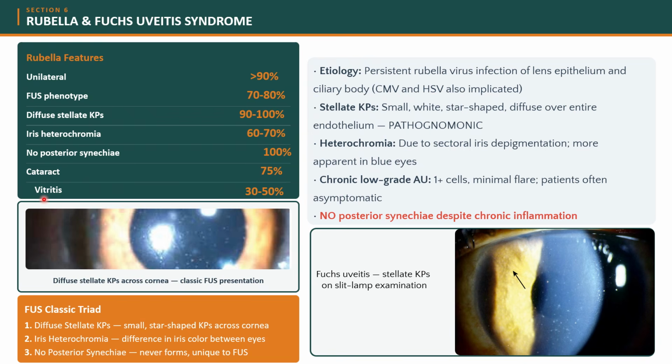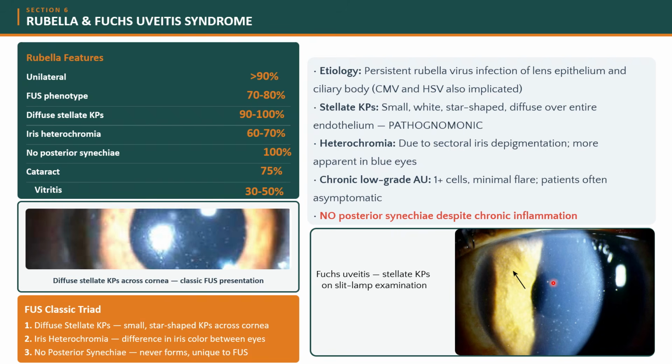So this is part of the phenotype of this inflammation, but it is not an intermediate uveitis. You should remember this. If anybody asks you, is there vitritis? Yes, there is mild vitritis, but it is not intermediate uveitis.